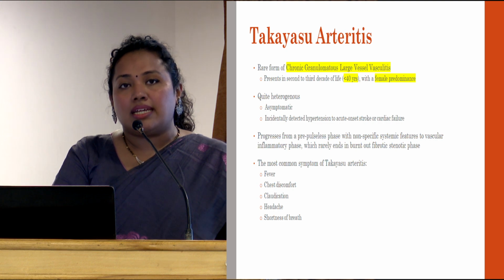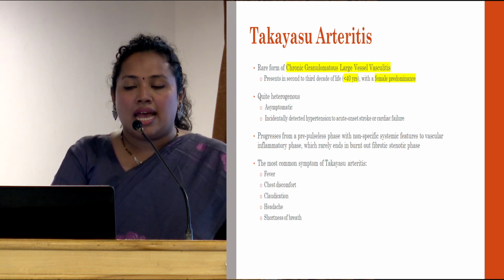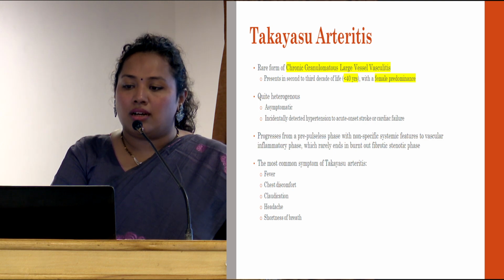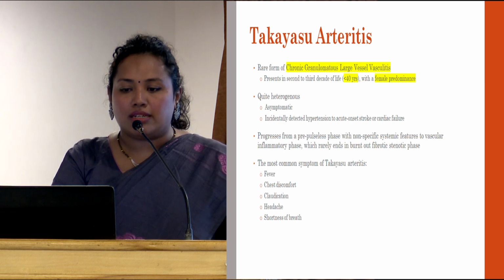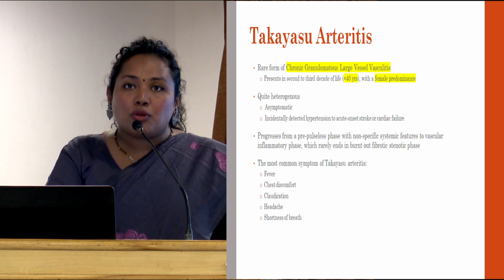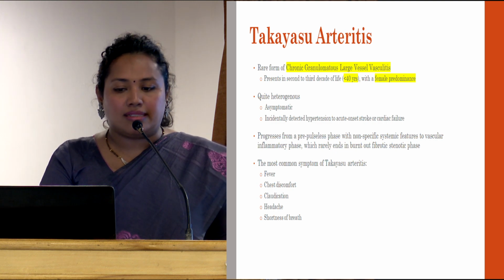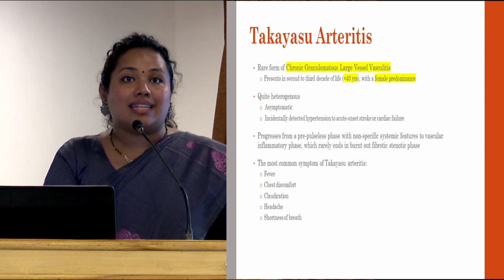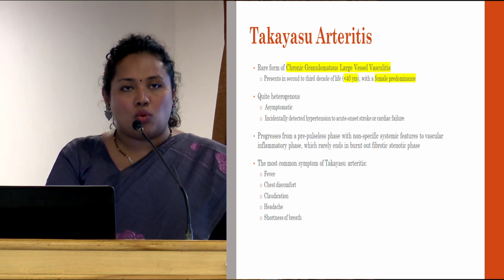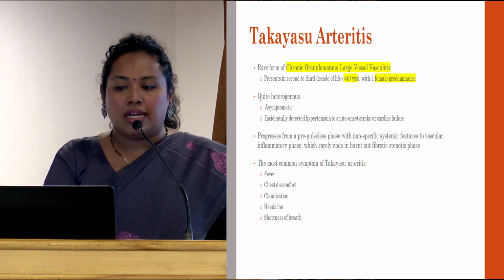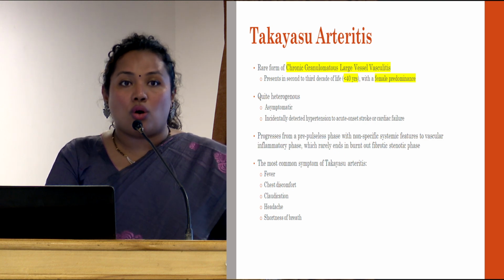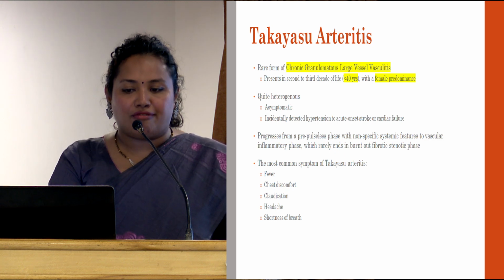There is a predominance in females, and it's usually seen in females less than 40 years of age. The symptom profile can be very heterogeneous. It can range from an asymptomatic disease to incidentally detected hypertension, which is how most patients in India present, to acute onset stroke, cardiac symptoms or cardiac failure.